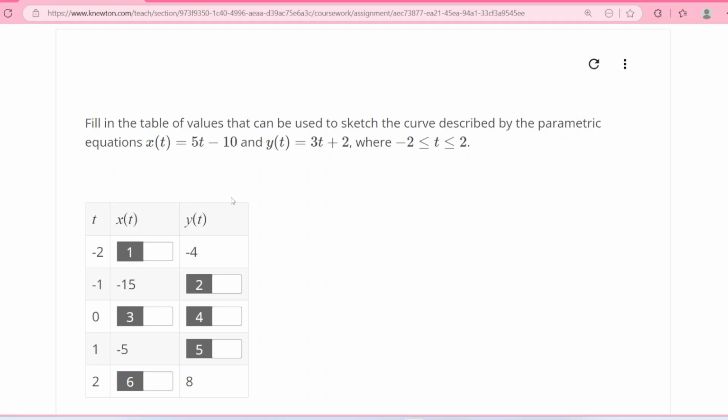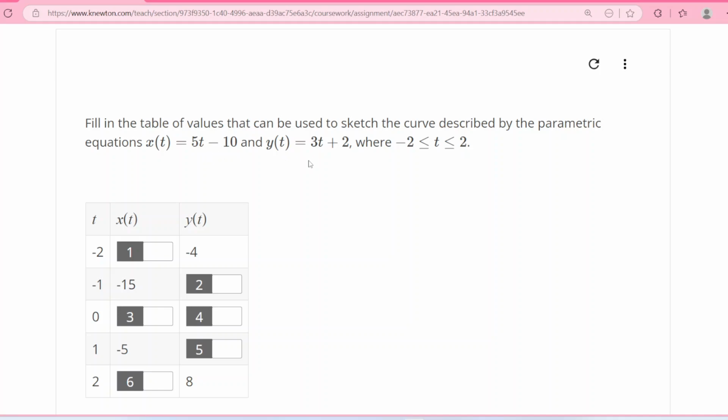So parametric equations are equations that, here we're in 2 dimensions. We're going to be on the xy plane, right? There is an x equation and a y equation where x and y both depend on t. So they would call t the independent variable for both of these.